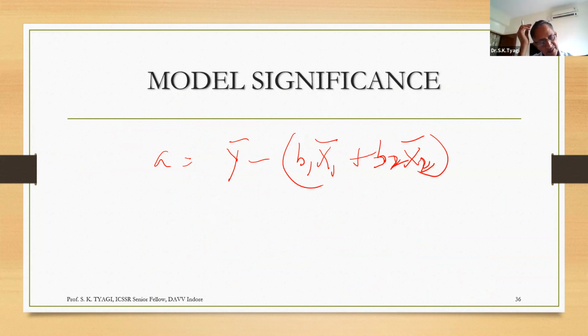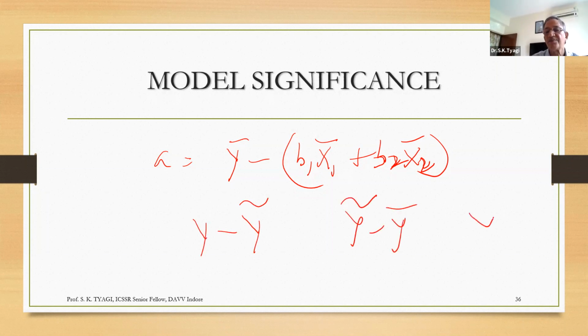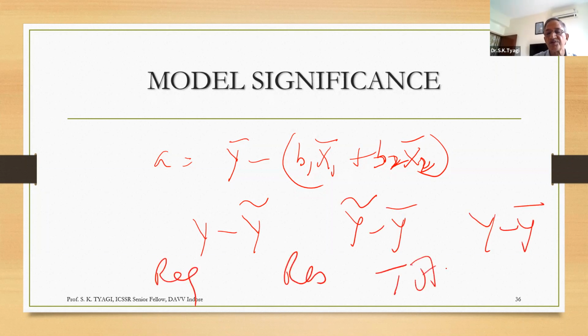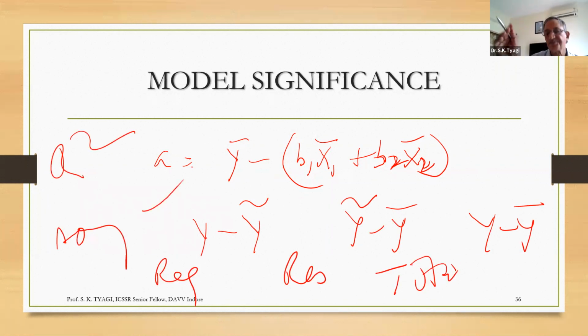In fact, that is why we must use software, and if you know how to use SPSS, then you can solve this problem. Then we will calculate y predicted, then y minus y predicted, y minus y bar, then regression sum of square, then residual sum of square, total sum of square, then r square, adjusted r square, and all that.